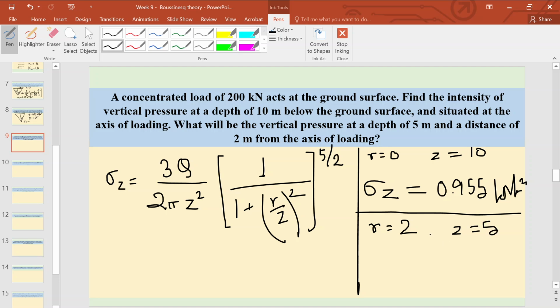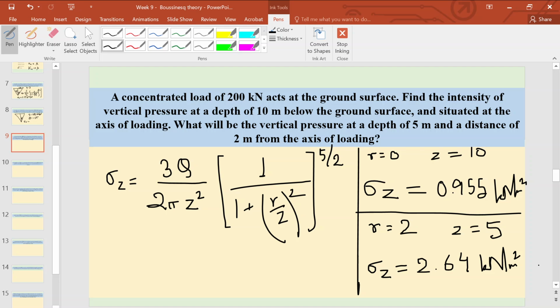So again putting the value in this general equation, the value of effective vertical pressure at a depth of 5 meter and 2 meter from the axis of loading will be approximately 2.64. Rounding off issues won't be counted, it's okay.